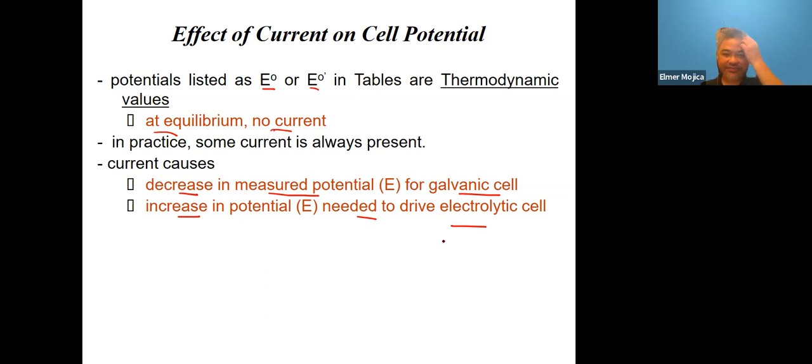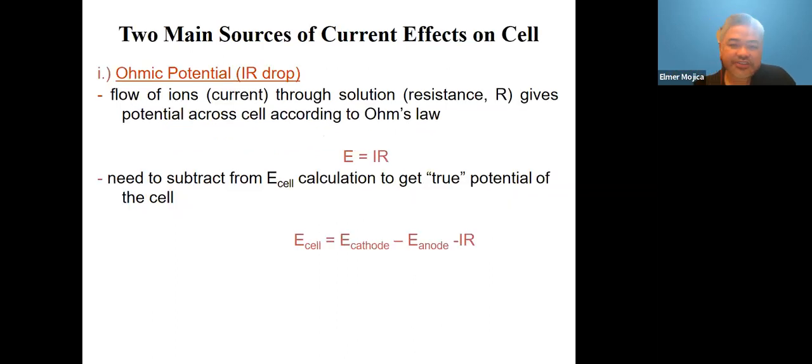Okay? And here, we're going to look again at the two main sources ng tinatawag nating current effects ng cell. So meron tayong tinatawag na ohmic potential. That's why I introduced to you the Ohm's law. So ito yung tinatawag na current resistance drop. So what happened here? The flow of the ions or the current through the solution, okay, passing through the resistance, gives a potential across the cell according to Ohm's law.